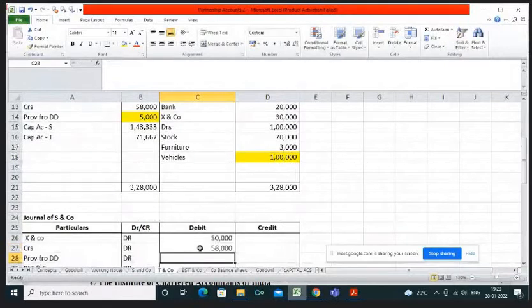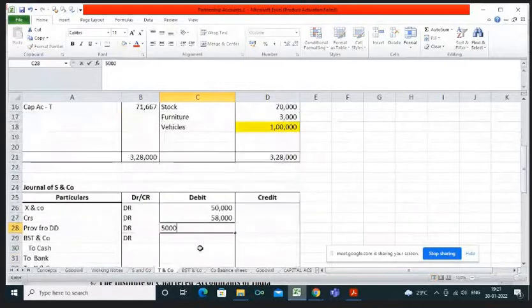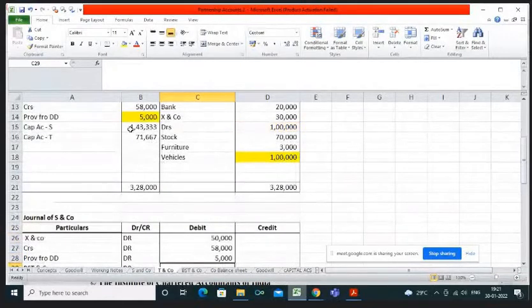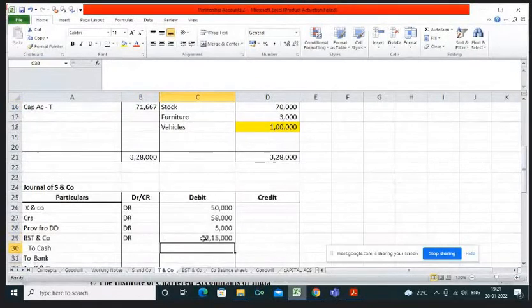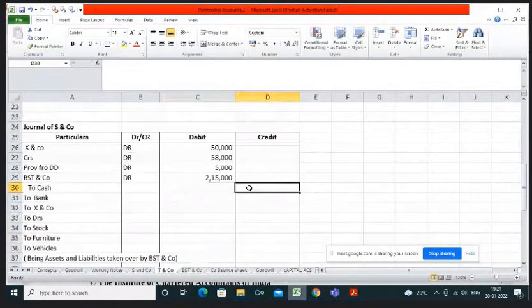Provision for doubtful debts 5,000. And debit to BST and Co. How much? It is simply the total of capital accounts, here it comes to 2,15,000. So on the asset side, cash, bank, X and Co, debtors, stock, furniture, vehicles.